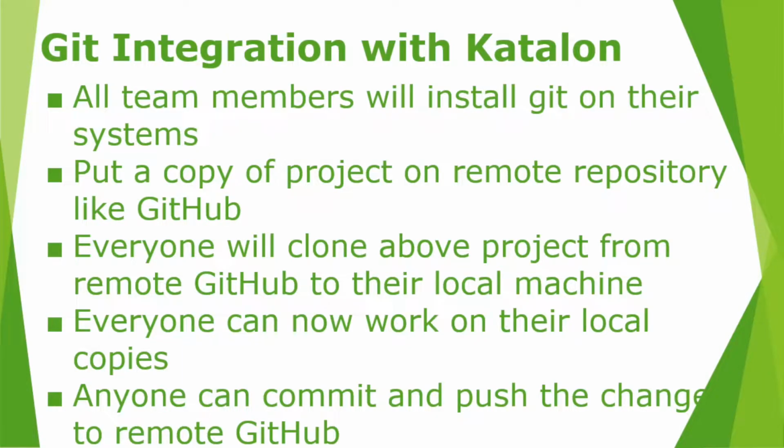Now let's jump onto the system and see how we can perform all these actions to integrate GitHub with Katalon, and after integrating Git with Katalon, what steps we can perform: how we can clone the project from the Git repository to your local machine, how we can make changes to the project, and once you make changes, how you can push the changes to the Git repository.